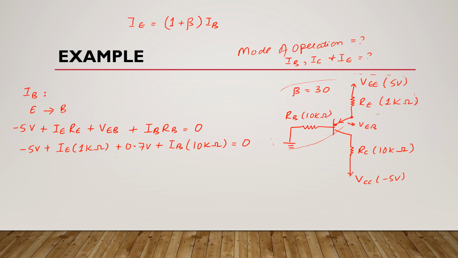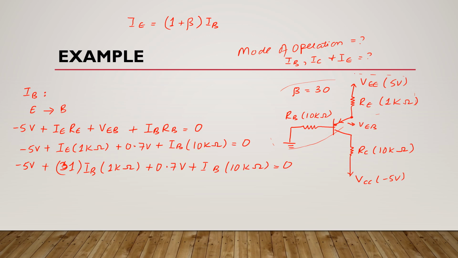So if we put this value of IE here, we get 31 multiplied by IB multiplied by 1 kilo ohms plus 0.7 volts plus IB 10 kilo ohms is equal to 0.